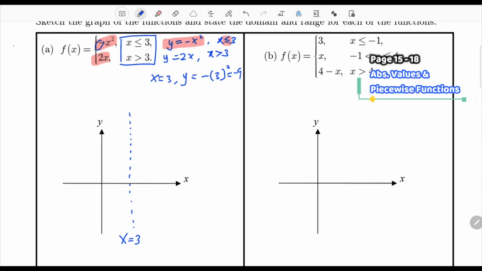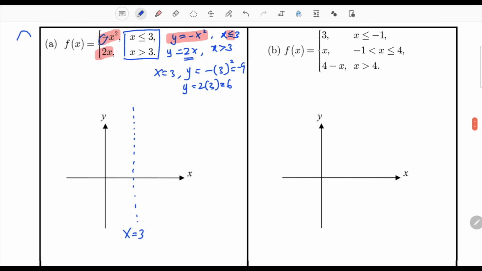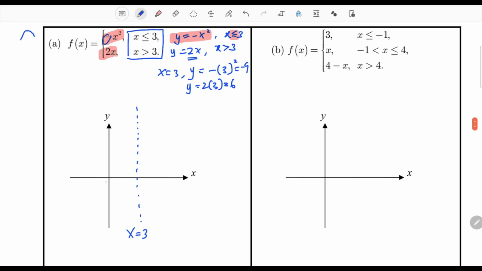So it is a curve. Okay, so when x equal to 3, if you substitute inside this, y equal to 2 times 3, so you get 6. Alright, so the graph on the left of 3 will be something like this. Oh, that is not nice.